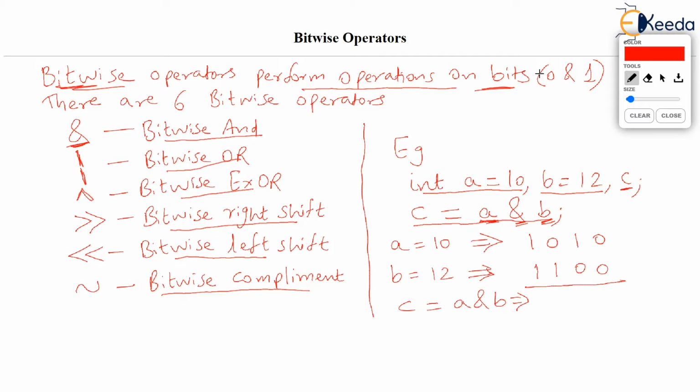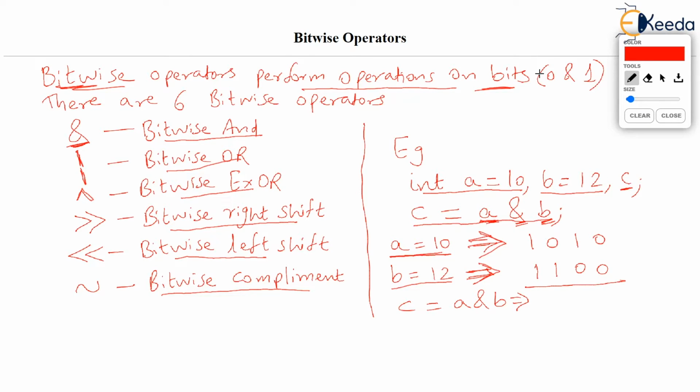So I have shown the representation: a is 10, and the binary equivalent of a is 1010. And b is 12, and its binary equivalent is 1100.